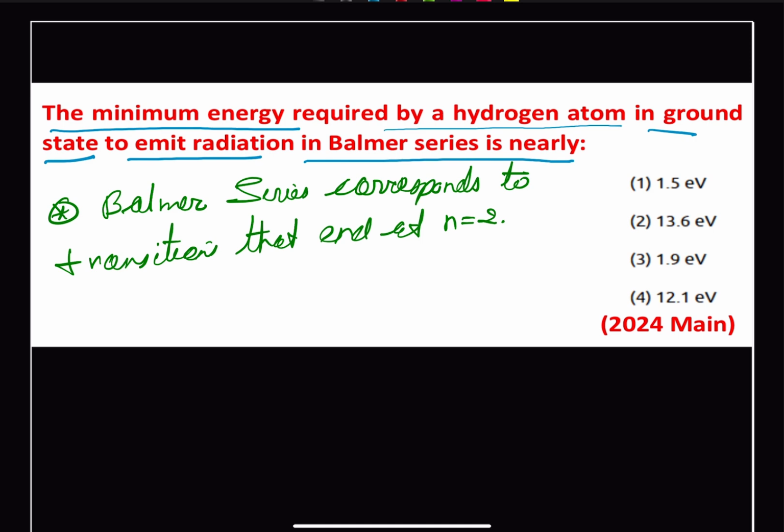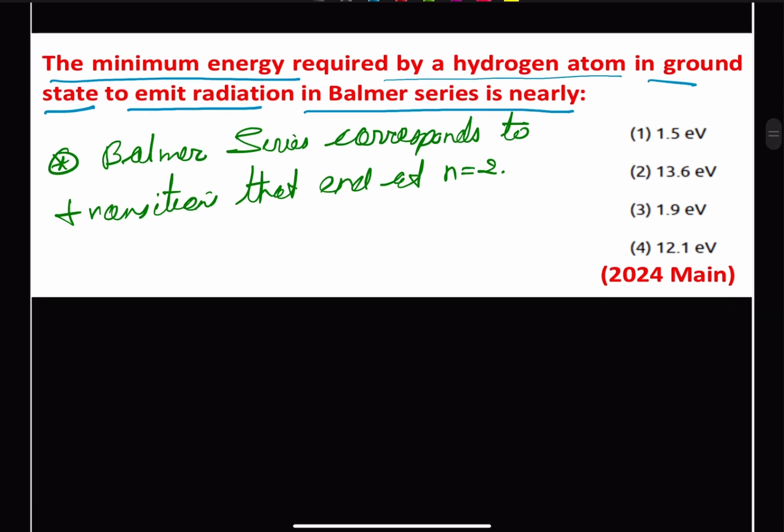So it means the electron must go from some level n that is greater than or equal to 3 to 2. So n should be greater than or equal to 3, and finally it should come to end at n is equal to 2, and this is going to emit visible light.